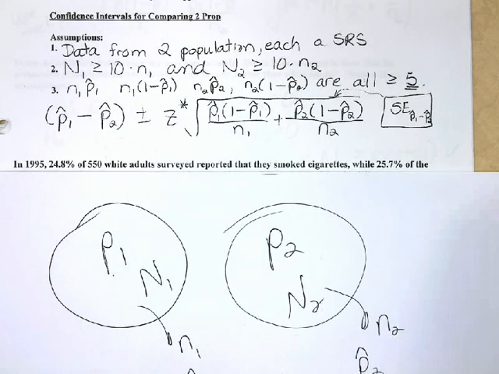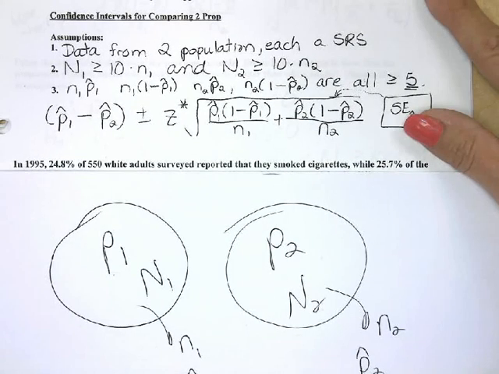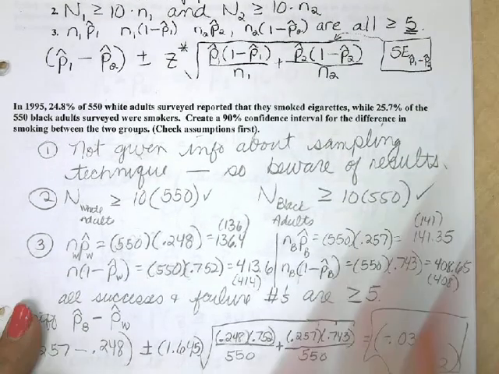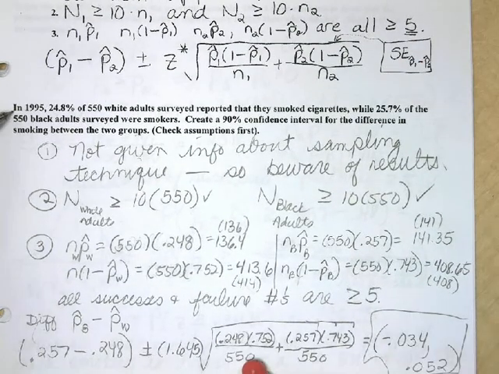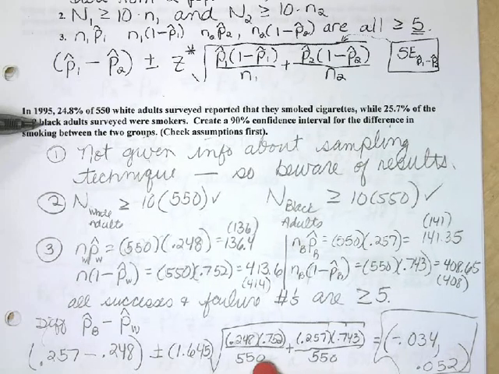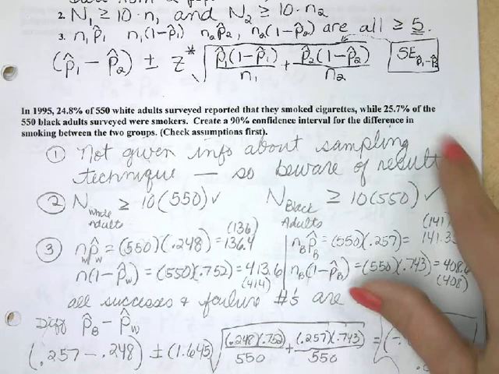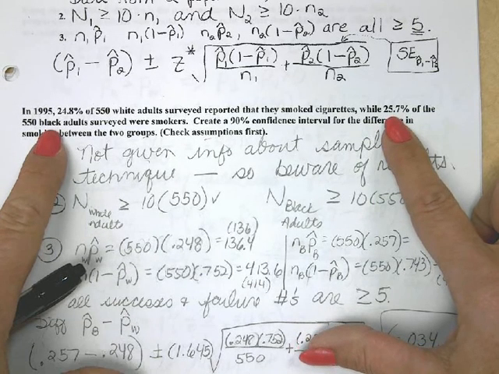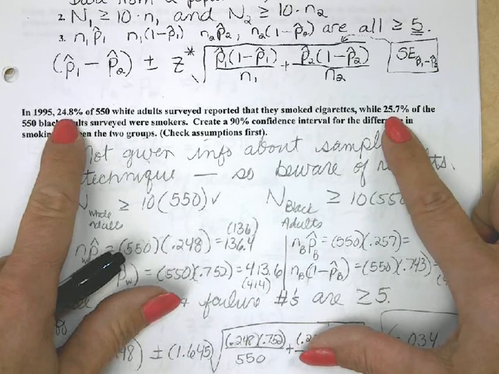All right, so we're going to look at this example. I have our setup here where in 1995, we were looking at the proportion of people who were smoking cigarettes, and we had 550 white adults and 550 black adults. We found from those samples that 25.7% of the black adults smoked versus 24.8% of the white adults.